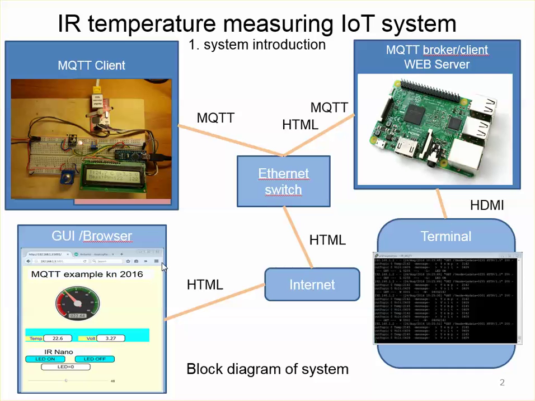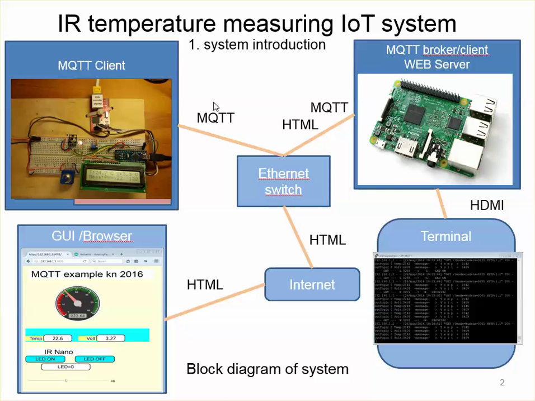And we could connect the Raspberry Pi to our web server wherever inside the internet. So if we start the browser and give the Raspberry's IP address, we could see our system in graphical form.